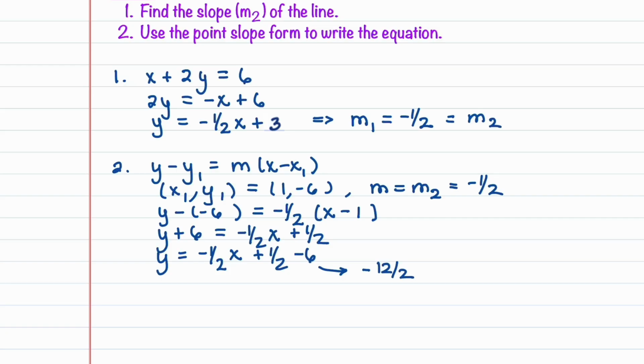That'll make it easier to add our fractions. And so we end up with an equation y = -1/2 x, and we have a 1/2 and a -12/2, so that gives us -11/2 for our final answer. And that's the equation of our line that's parallel to the line x + 2y = 6.